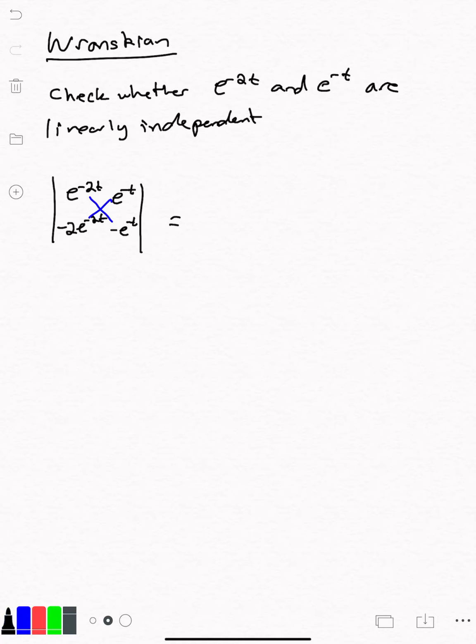If I do e to the negative 2t times negative e to the negative t, I'd get negative e to the negative 3t. And then minus, the other one is negative 2 e to the negative 3t. And this ends up becoming a positive 1 e to the negative 3t.